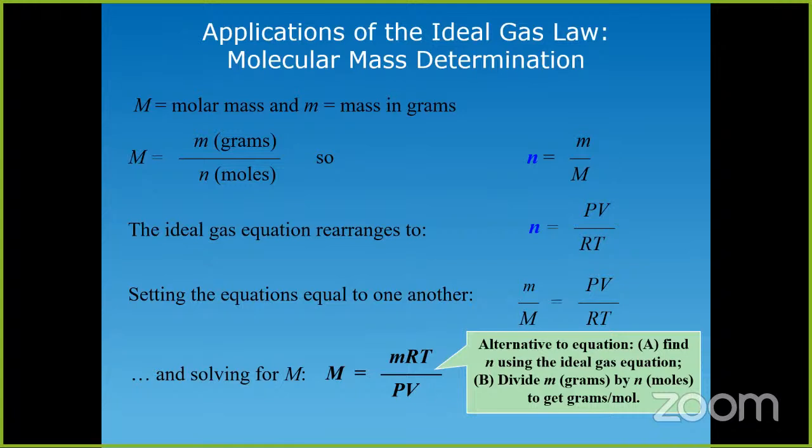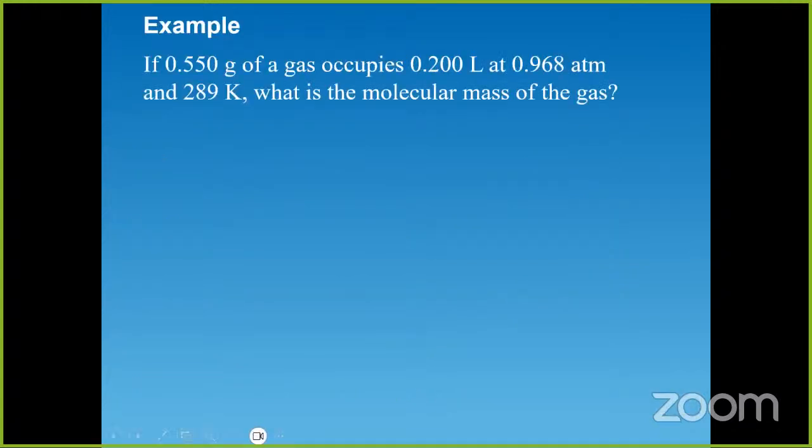All right, so I think the next slide is an example based on this very equation. The question gives you the mass of the gas, the volume of the gas, the pressure, and the temperature. What the question is asking for is the molar mass. Well, it says molecular mass, but remember, molecular mass and molar mass are numerically the same. The only difference would be the units, right?